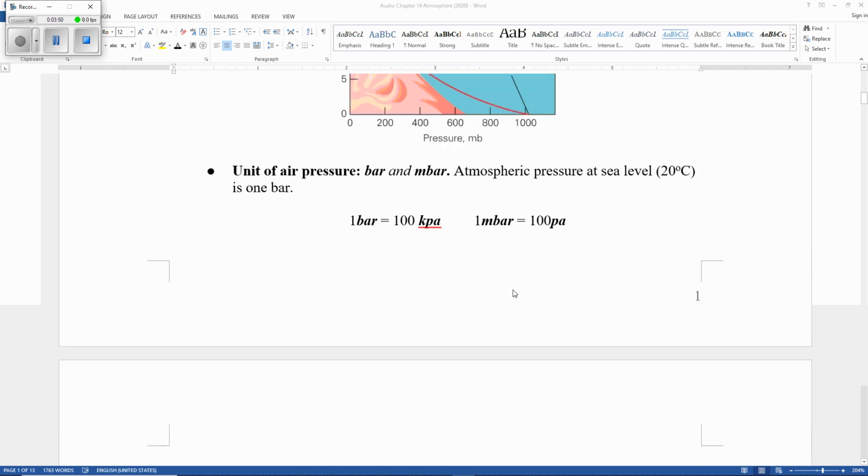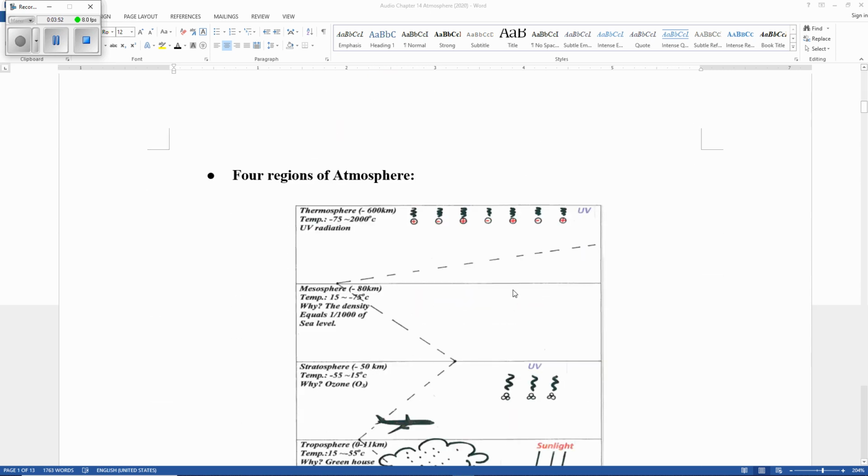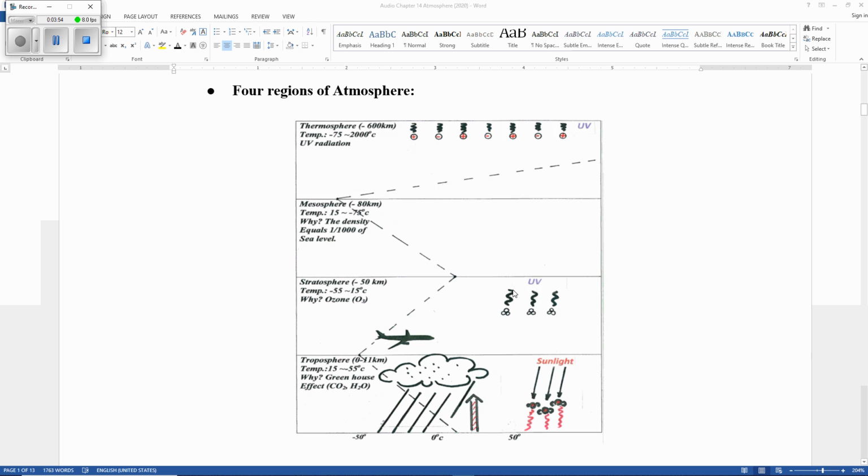Now how about the temperature? We're going to study a little detail about the 4 regions of atmosphere. Remember there are 4 regions. We are going to study their names and some basic properties of the different regions. From the bottom, the first one is called troposphere.